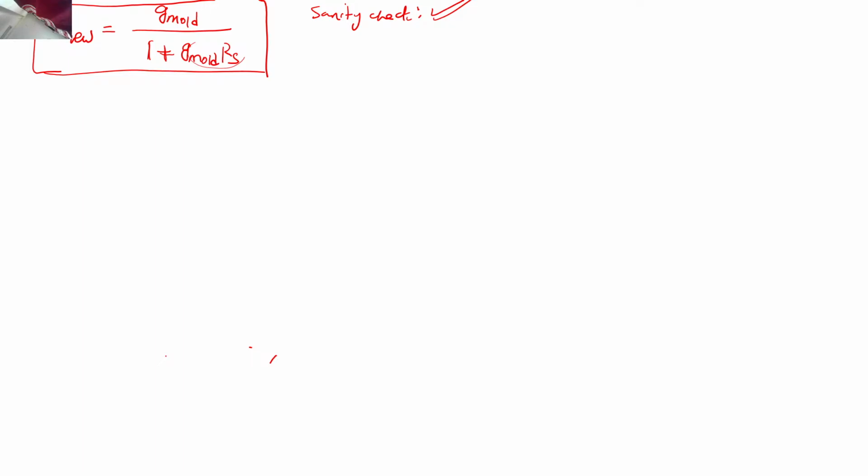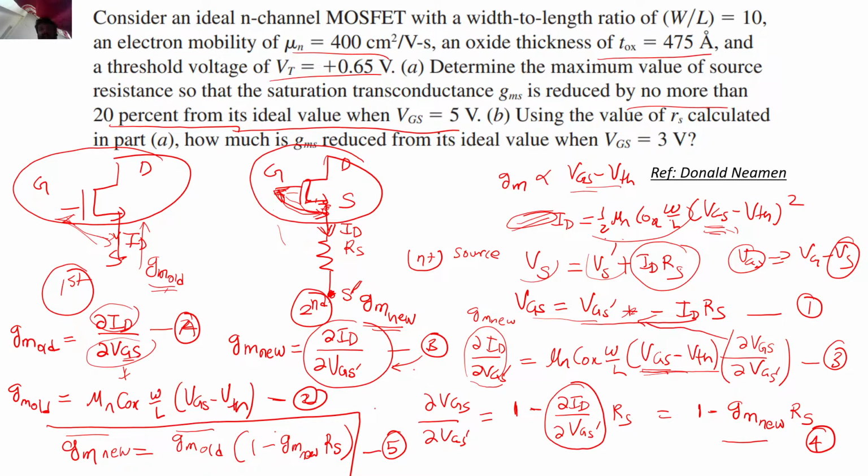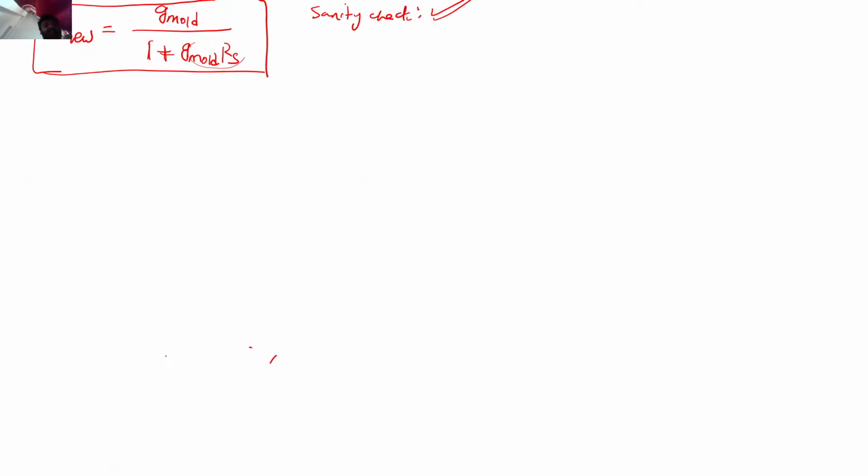Now let's go back to the question and look at part A. Determine the maximum value of source resistance so that the saturation transconductance, the new transconductance they are talking about, is reduced by no more than 20% from its ideal value. What was the ideal value?